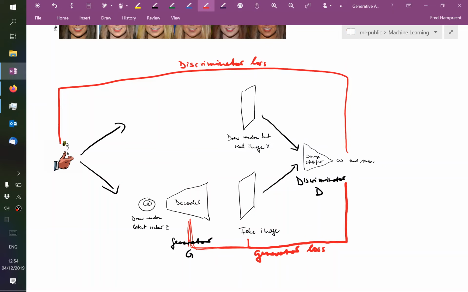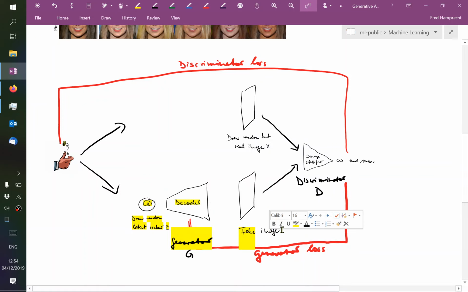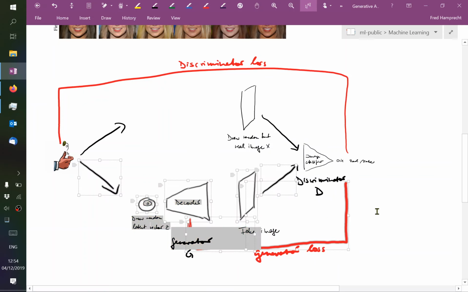Now the discriminator can be trained in turn. So the discriminator can be given a real image or a fake image, and because we know if the image was real or fake, this is a supervised problem.